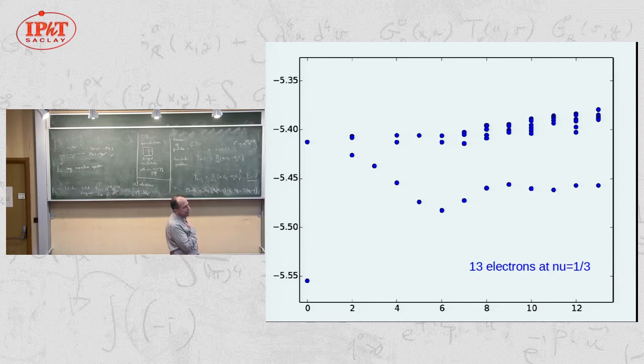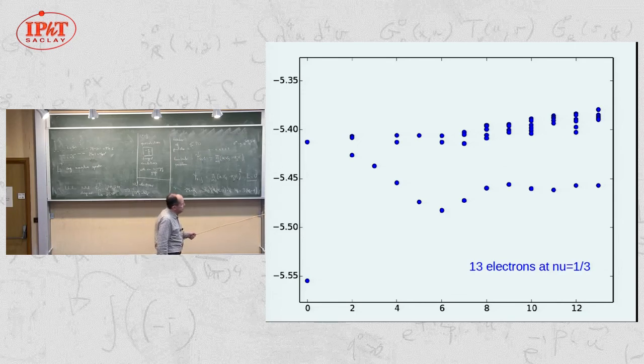This is a spectrum for 13 electrons, my personal best, okay, using exactly this relation and the number of flux quanta coming from 13 electrons. So these are eigenstates, so this is the energy value, okay, and the states are classified by the total angular momentum. And you find that indeed the ground state has 0 angular momentum, so it's a state which is a fluid, likely, very likely. Certainly it's a ground state which is round.